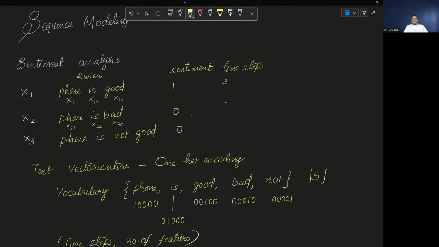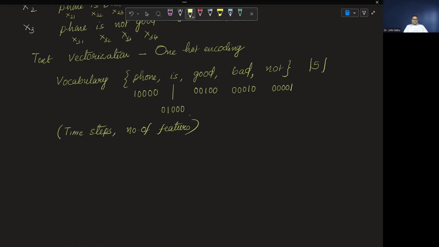Here we have 3 time steps, and here we have 4 time steps. So in this example, the number of time steps is 4, and each word is represented by 5 features, irrespective of its length.